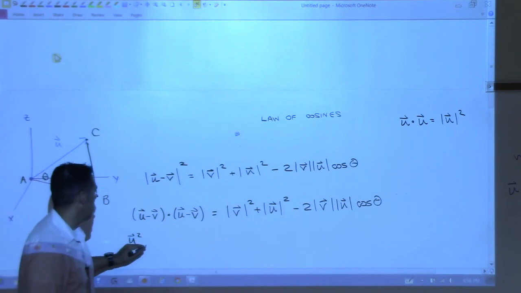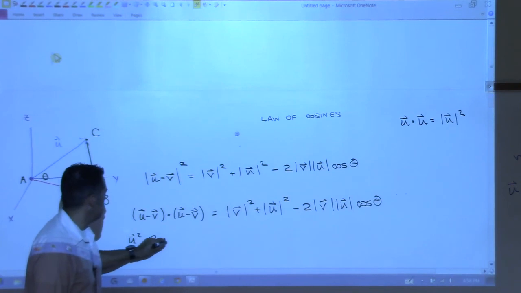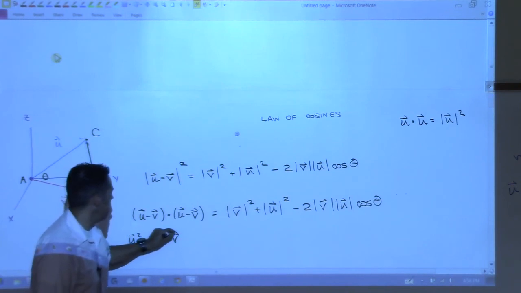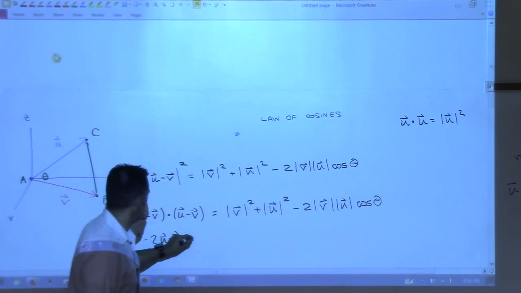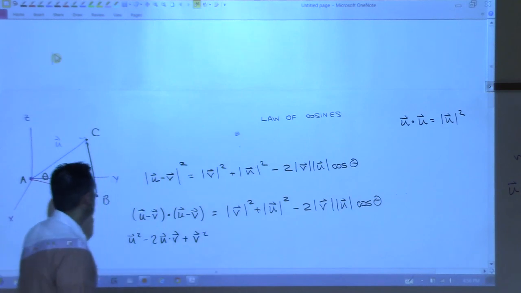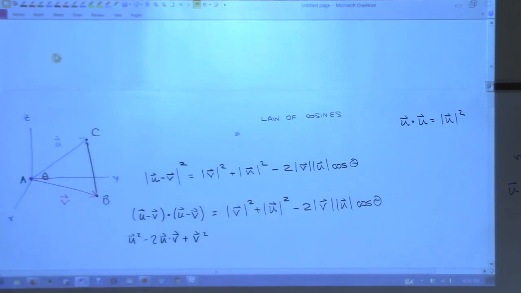And then what? Minus 2U dot V, right? And then what's the last thing here? Plus V squared. Hold on. Missing my magnitude. Hold on. Oh, yeah, never mind. Just ignore me.